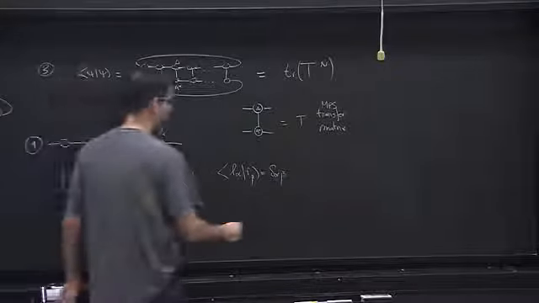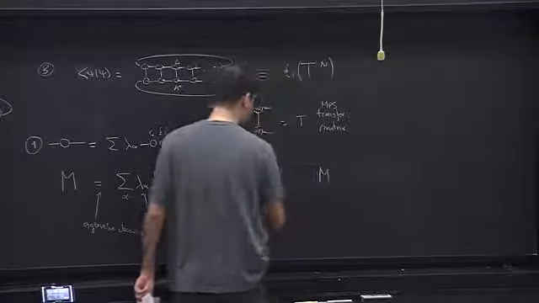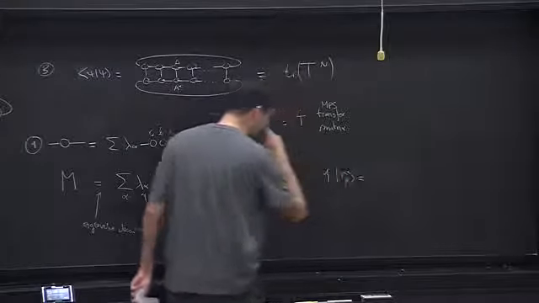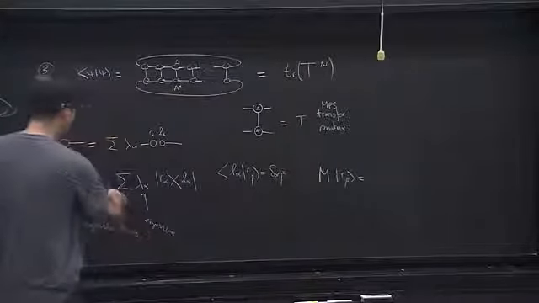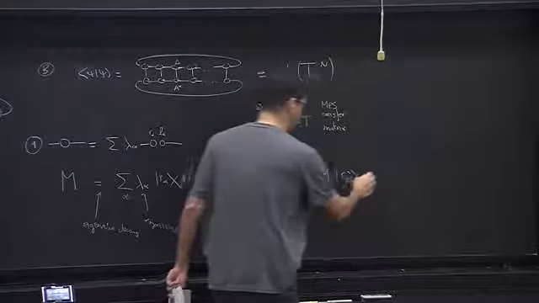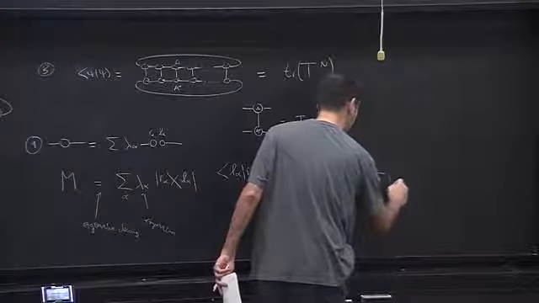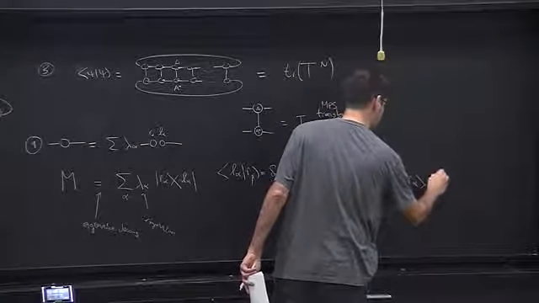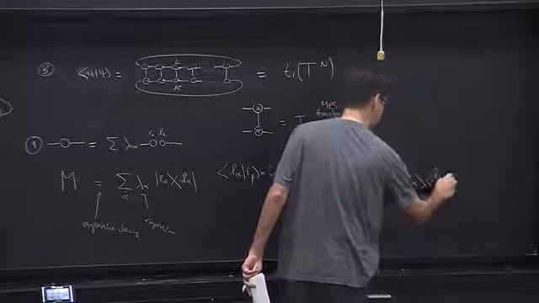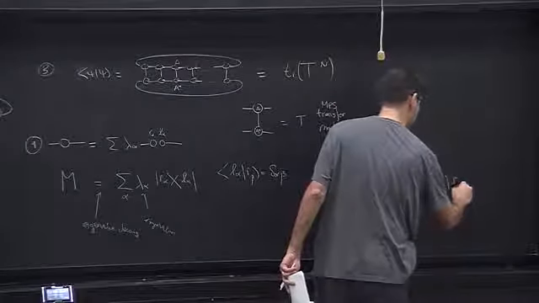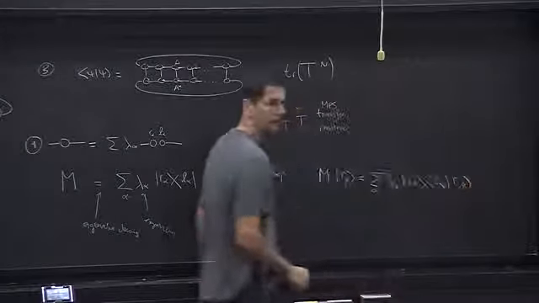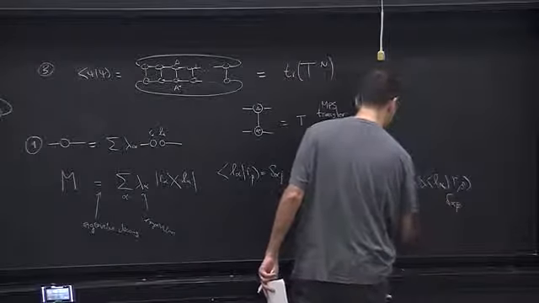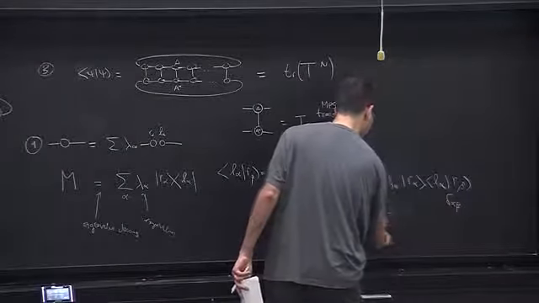Then you can quickly check that indeed, if you act with what we just called a right eigenvector, say r beta, and you replace M with its decomposition, you see that there is a delta here, and there is no sum anymore.